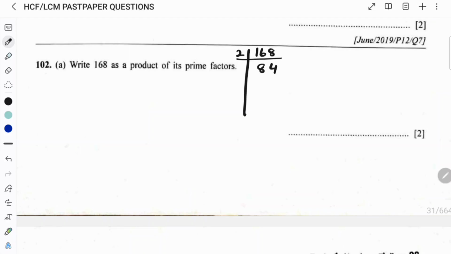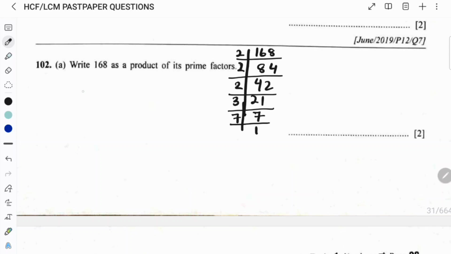Again divide by 2, that is equal to 42, and again divide by 2, then it is equal to 21. Now take the 3 times table. Now you are going to divide by 3. 3 times 7 is 21, and now you are getting a prime number.